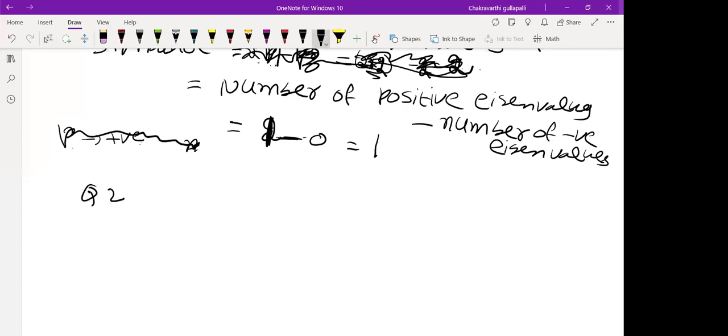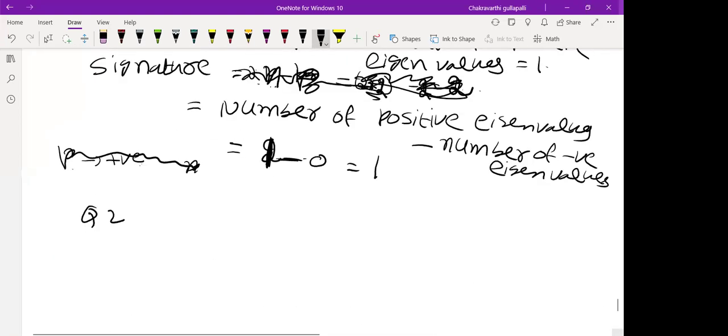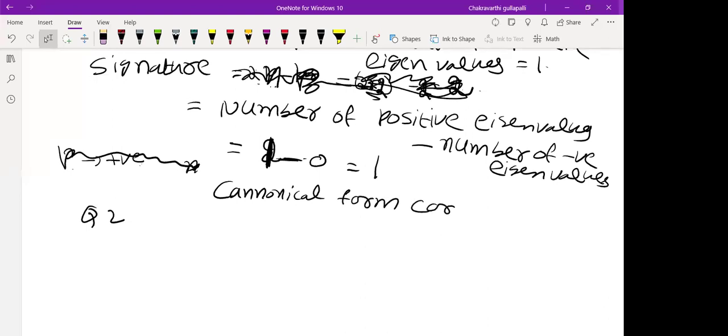Let us see question number 2. We are asked to write the canonical form corresponding to the quadratic form.